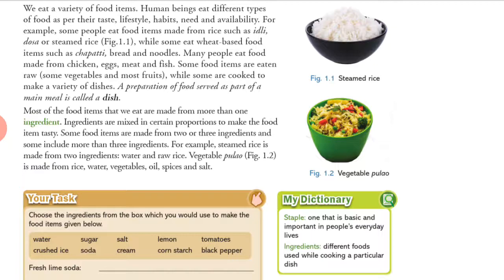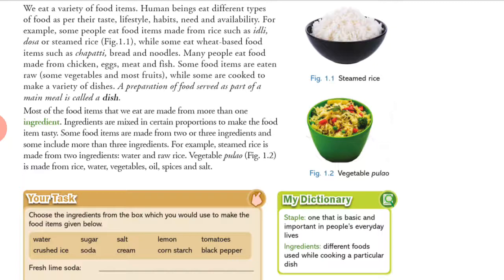Dish, got it? Most of the food items that we eat are made up of more than one ingredient. Ingredients are mixed in certain proportions to make the food items tasty. For example, steamed rice is made from two different ingredients, water and rice.